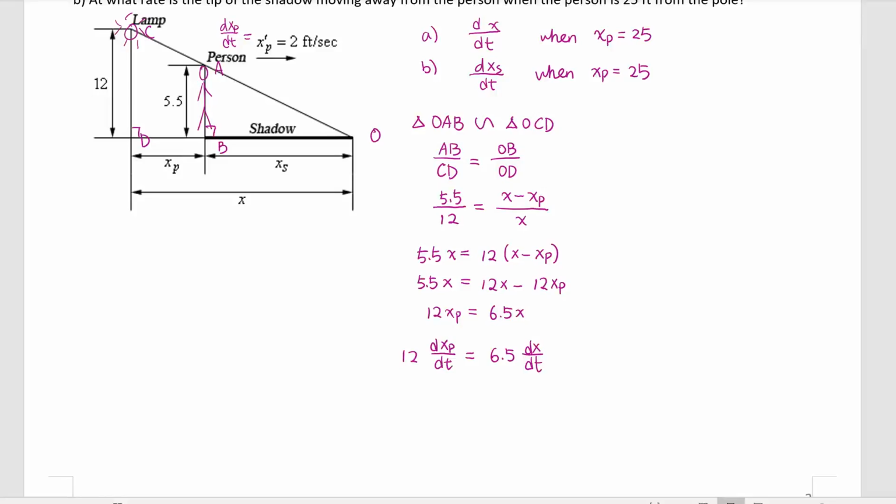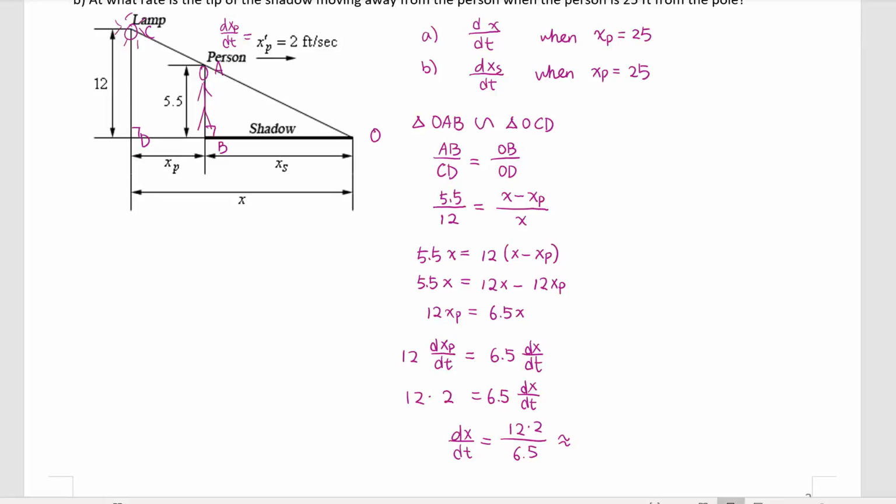So what is dxp/dt? That is 2. So dx/dt equals 12 times 2 over 6.5.